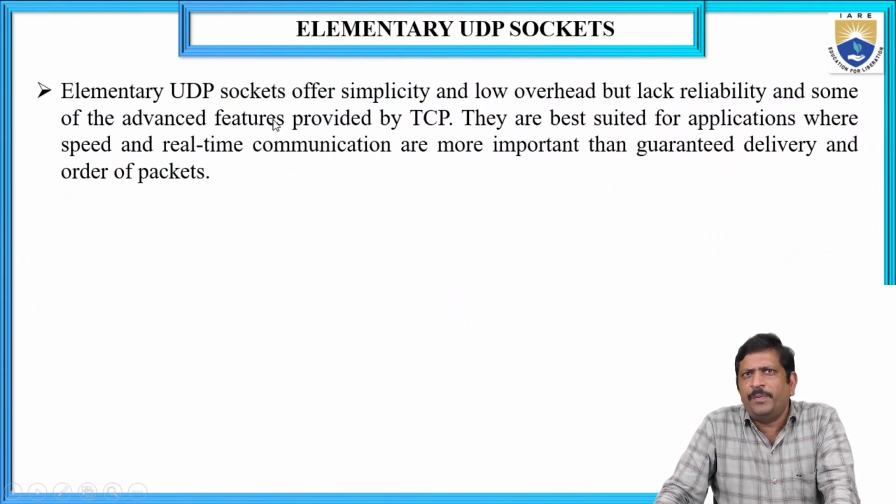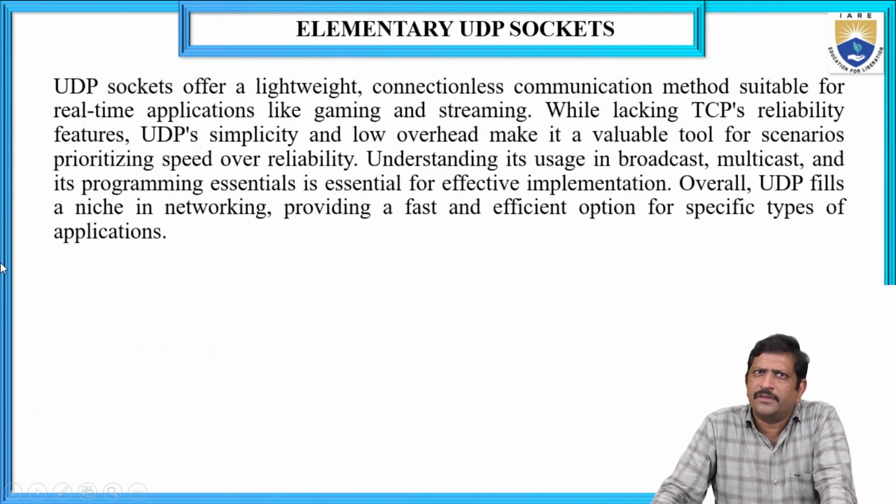These elementary UDP sockets offer simplicity and low overhead, but lack the reliability and some of the advanced features provided by TCP. Generally it is suitable for applications where speed and real-time communication are more important than guaranteed delivery and order of the packets.